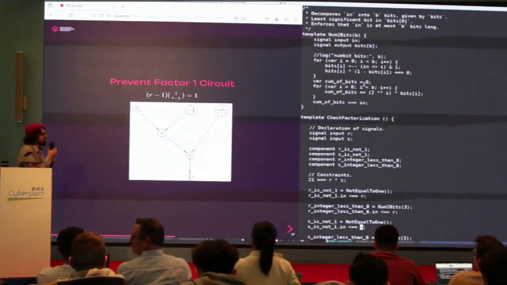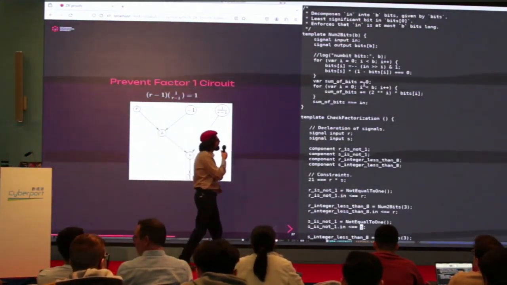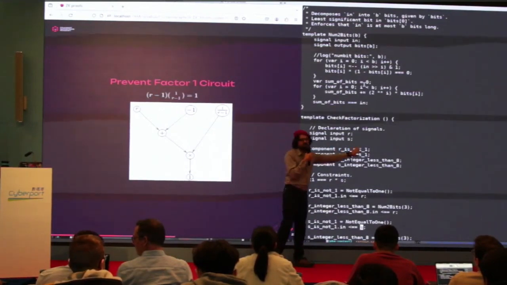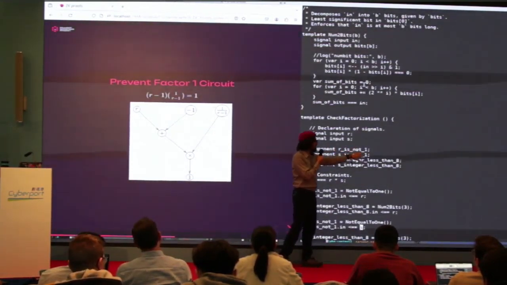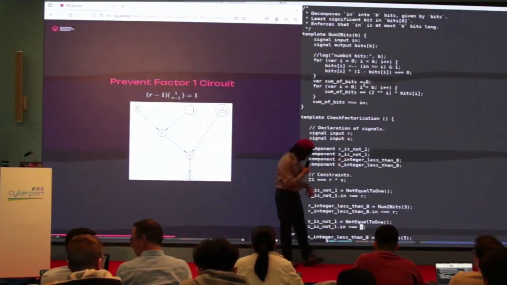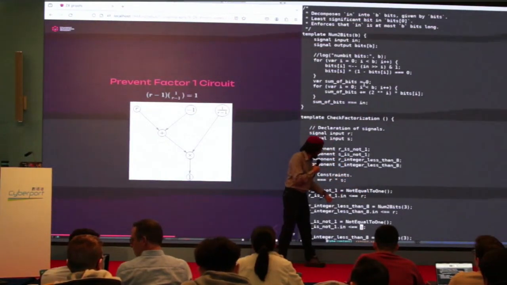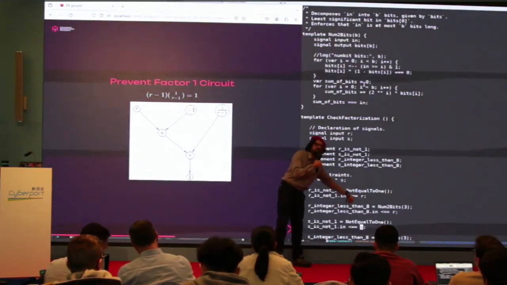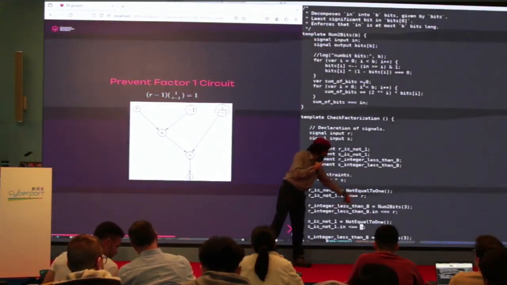But let's look at the last function. I make some copy of this circuit that helps me to verify R is not 1. I make a copy, the R is not 1 copy, and I give R to it, and I say you have to satisfy this double equality.